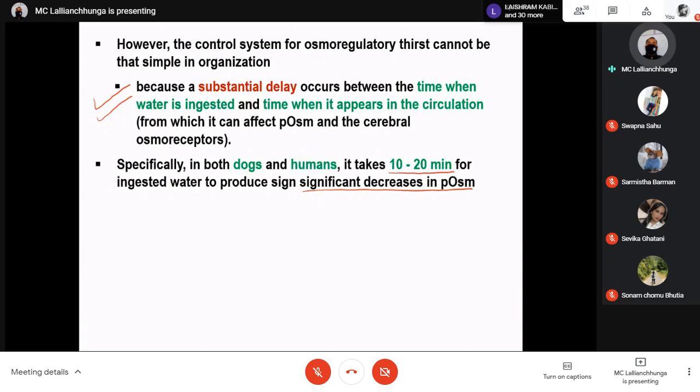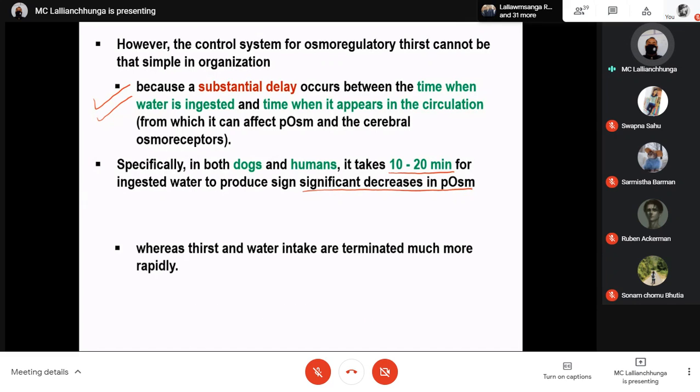But we all know that immediately after drinking water, within seconds, thirst satiation is there. So there must be some other mechanisms, neuronal circuits, or you can say neuronal mechanism, causing satiation of the thirst, that we'll see.